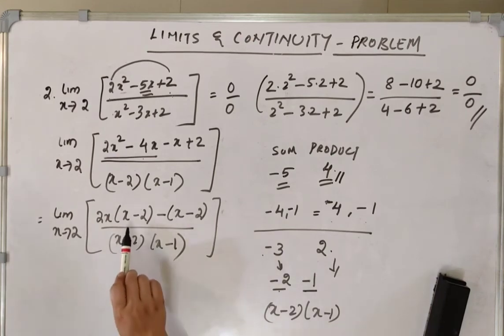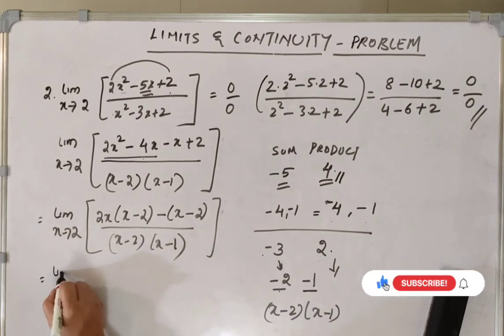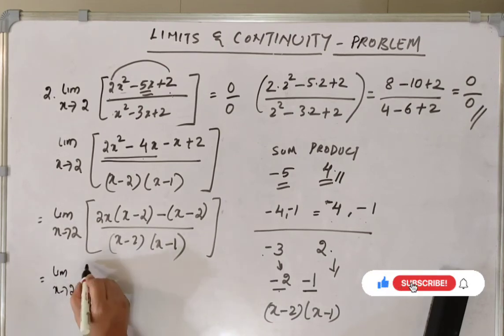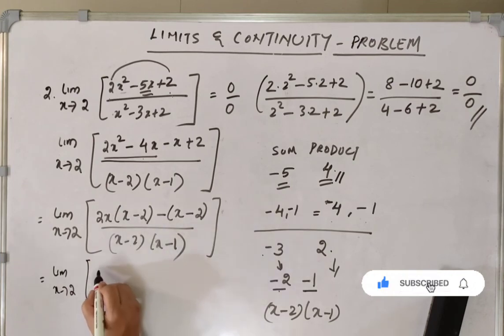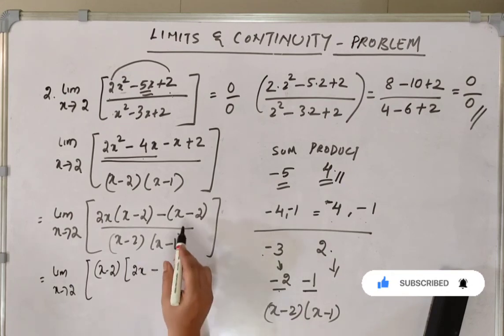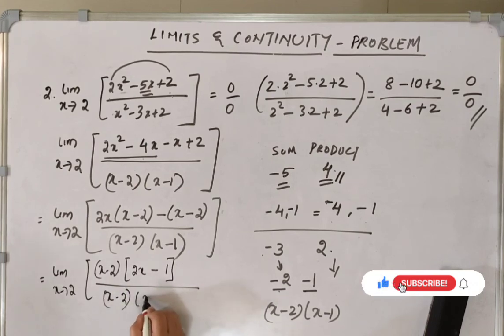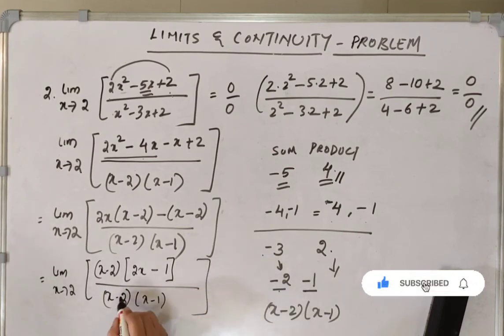Now if you notice here, x minus 2 and x minus 2 is common again. So what will we get? If you take x minus 2 as common here, we are left with 2x and minus 1. I will carry forward this x minus 2 by x minus 1. x minus 2 and x minus 2 will get cancelled.